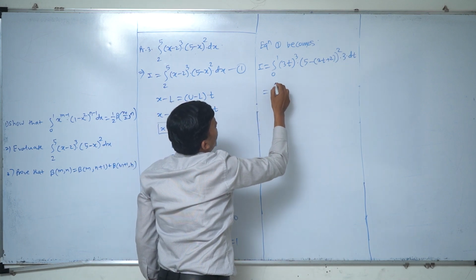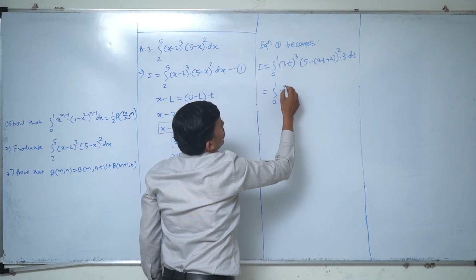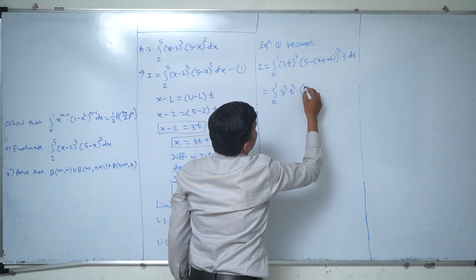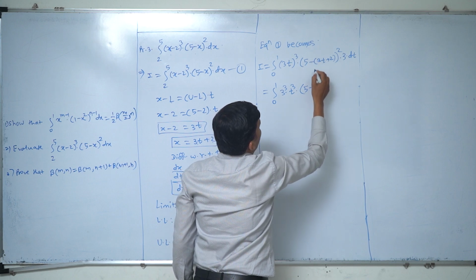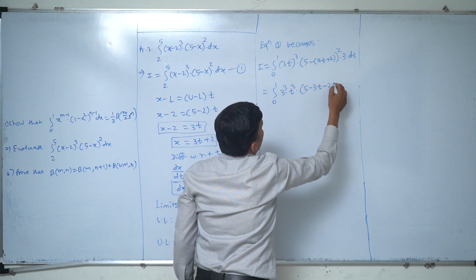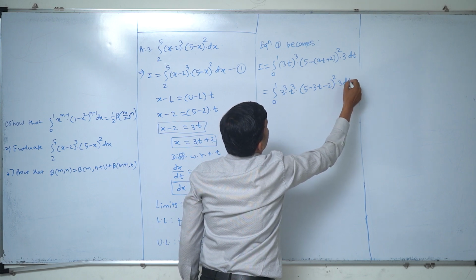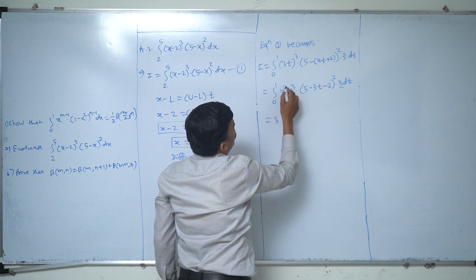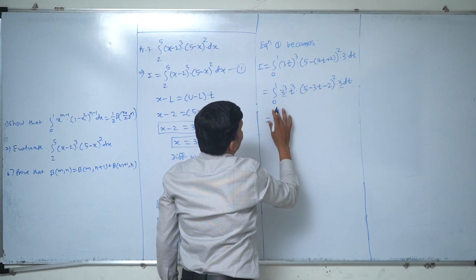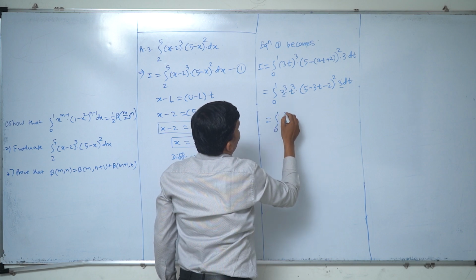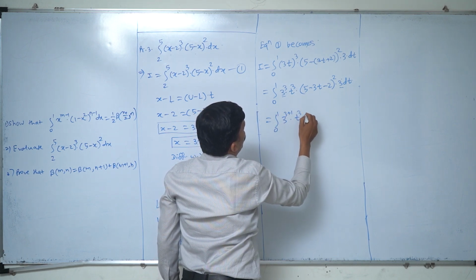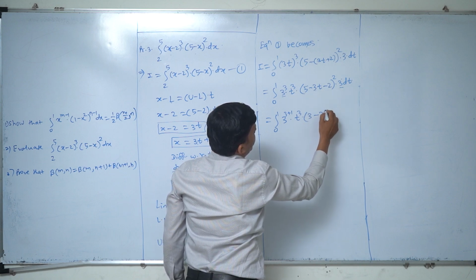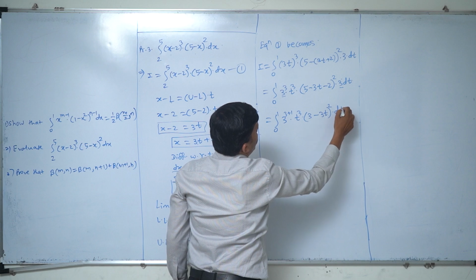Now we can open this bracket. (3t) raised to 3 means 3 raised to 3 into t raised to 3. Now simplify this: 5 minus 3t minus 2, raised to 2, into 3 dt. Now this 3 raised to 3 and this 3 are constants. So power is 3, power is 1, so 3 raised to 3 plus 1 is 4, into t cube. 5 minus 2 is 3, so (3 minus 3t) raised to 2 into dt.